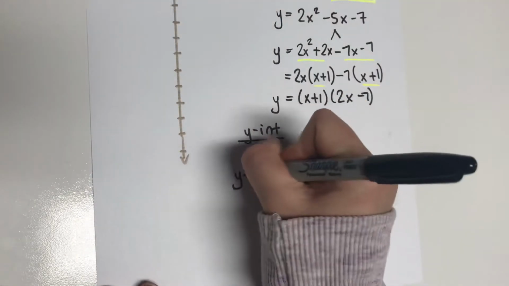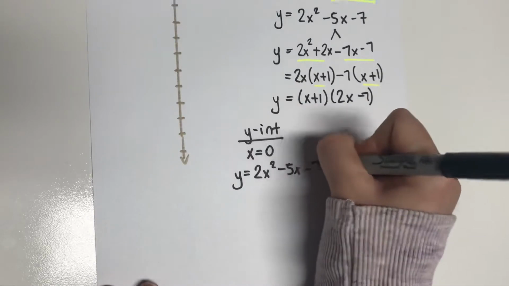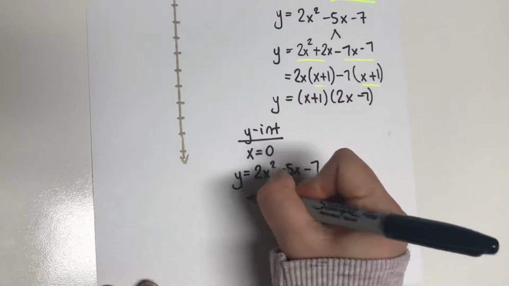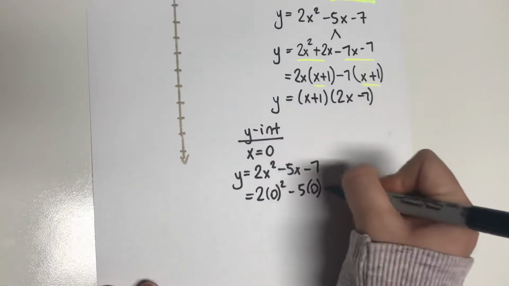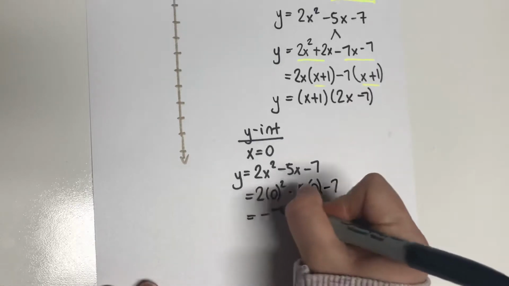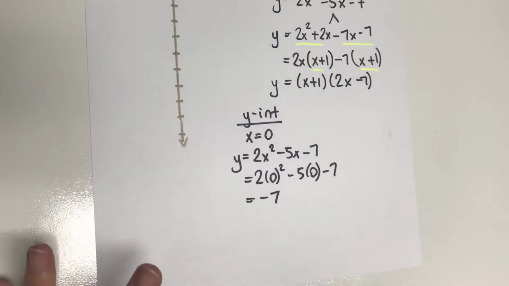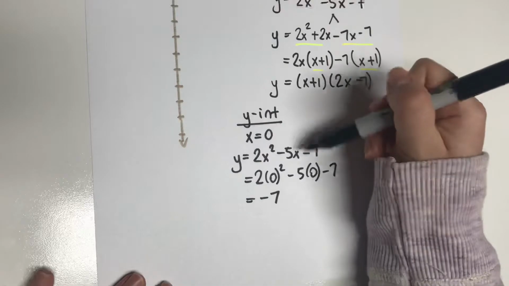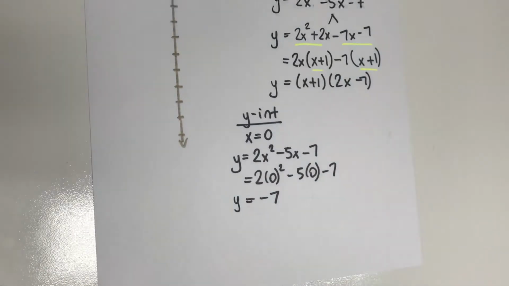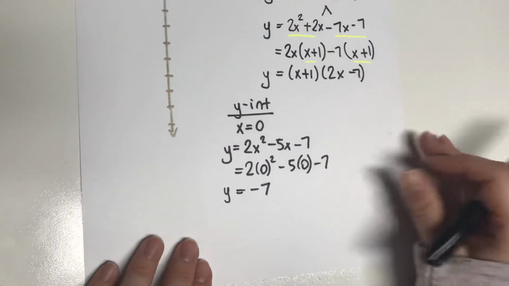So y is equal to 2x squared minus 5x minus 7, and instead of x I'm going to put 0. When I simplify, I'm left with -7. I don't know if you remember, but a while back we did an investigation and we found that this c value was actually our y-intercept. I know it was a while ago, so we can just plug it in and find it, but just in case any of you remember.